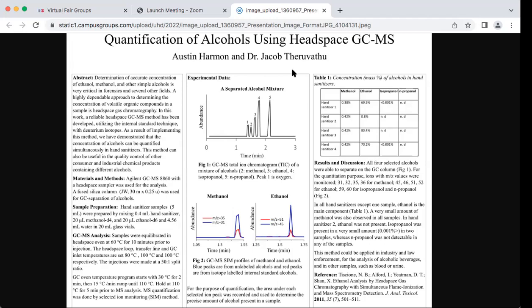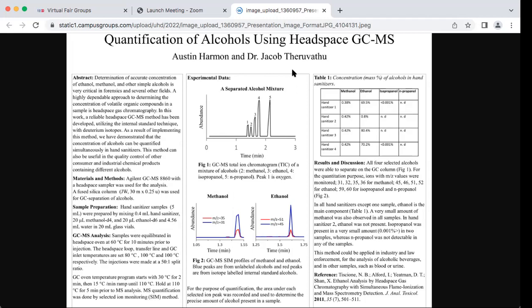Okay. Well, basically, the whole project was about figuring out how much alcohol was in different hand sanitizer products. So our goal was to figure out if the claim on the label was true. And we did this by using gas chromatography.